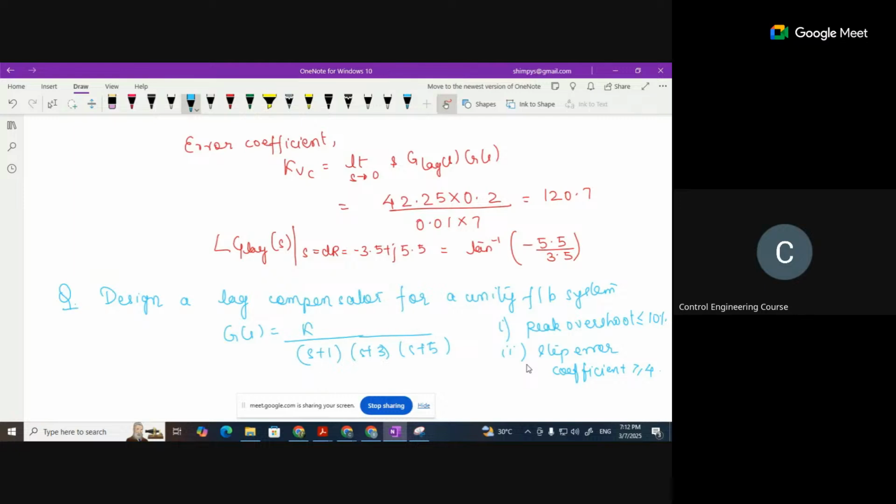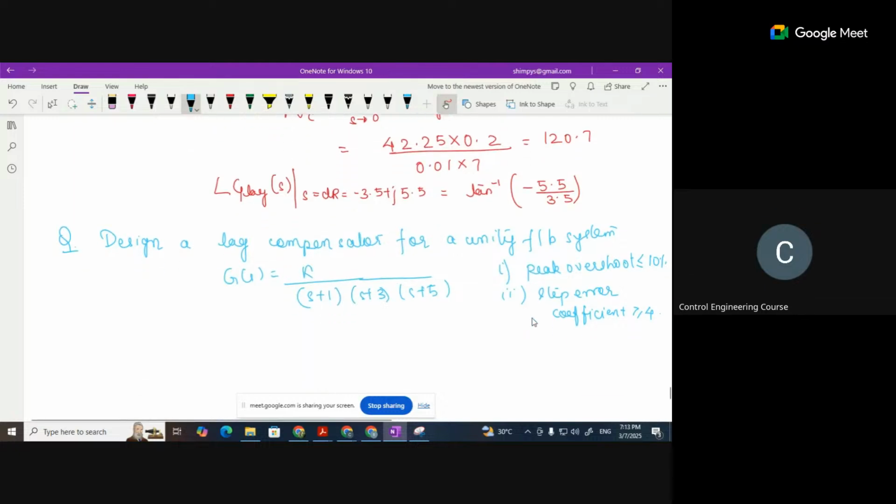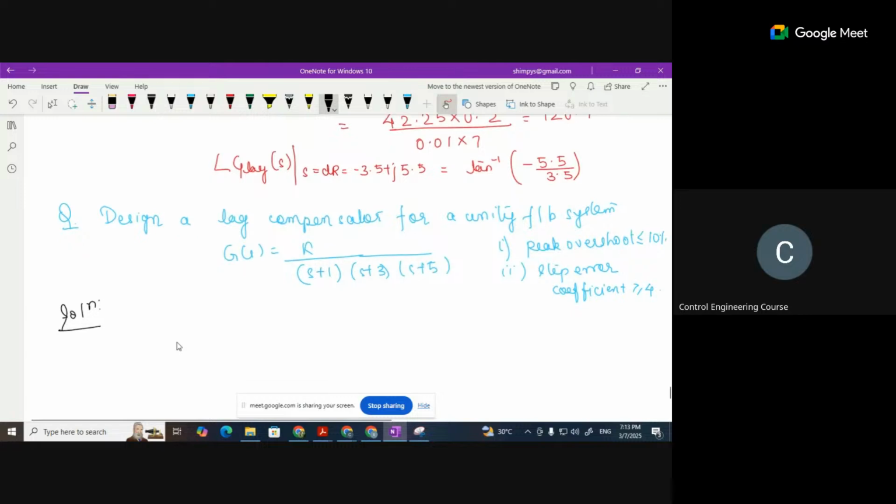Okay. So now we have to follow the steps which we have discussed right now. First of all, you have to draw the root locus for the uncompensated system, right? Can you do it fast?